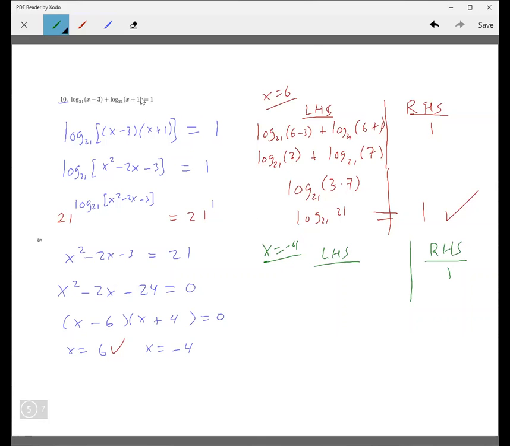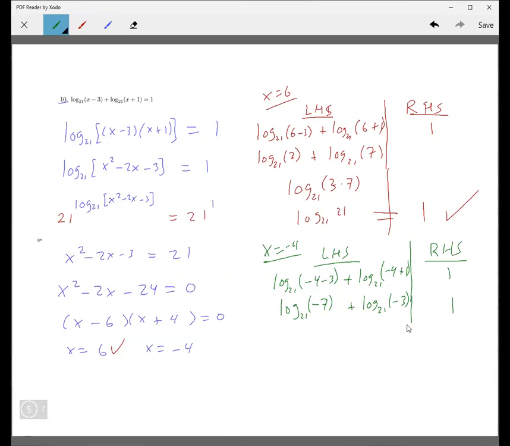Again, the right-hand side is just 1. And the left-hand side will be log base 21 of negative 4 minus 3, plus log base 21 of negative 4 plus 1. Okay, so this is log base 21 of negative 7 plus log base 21 of negative 3.